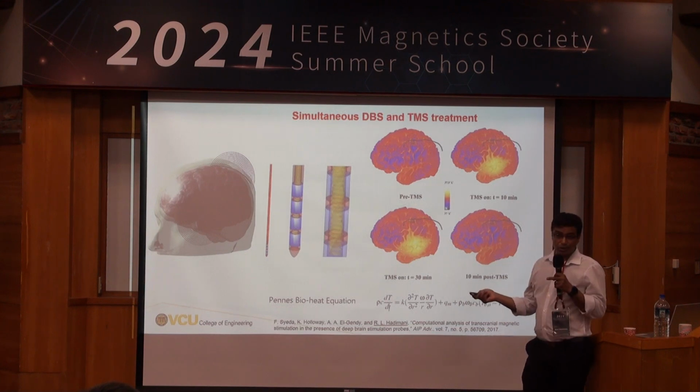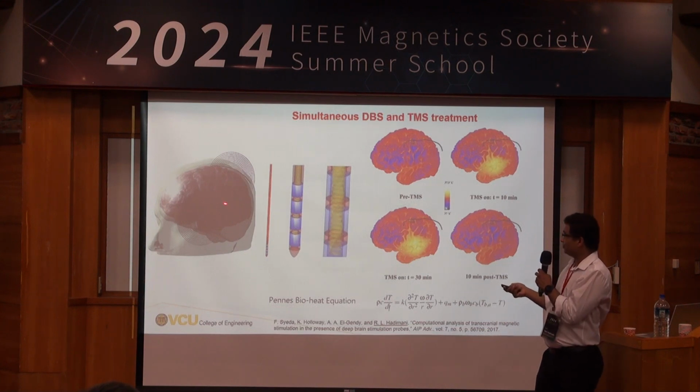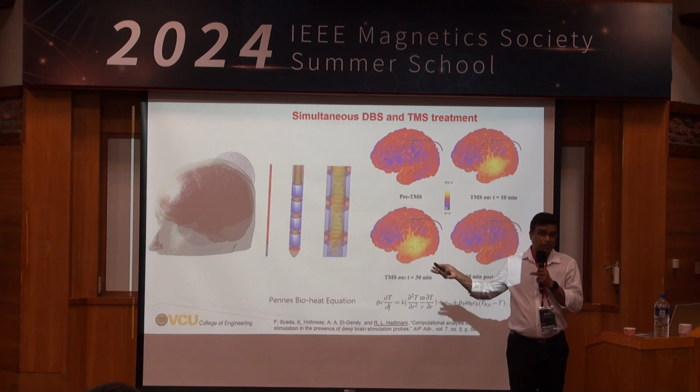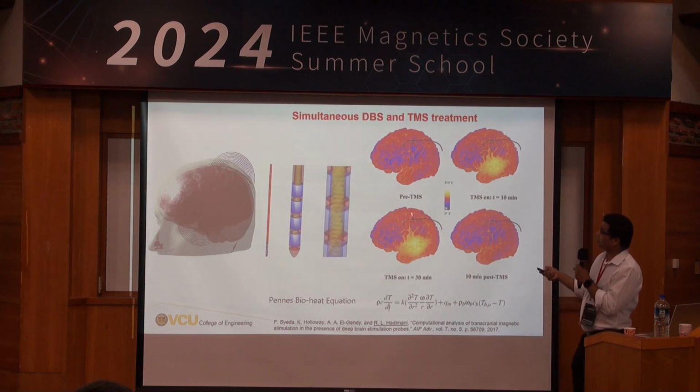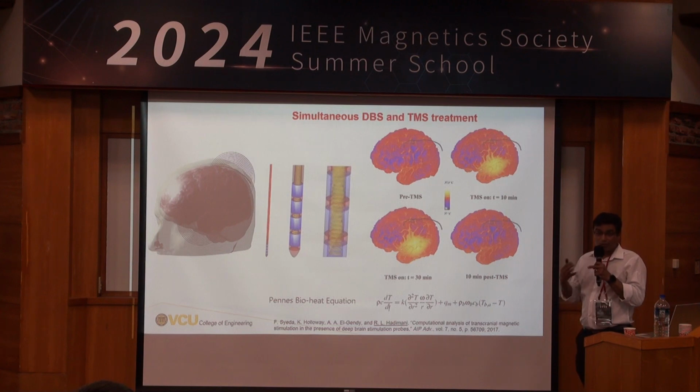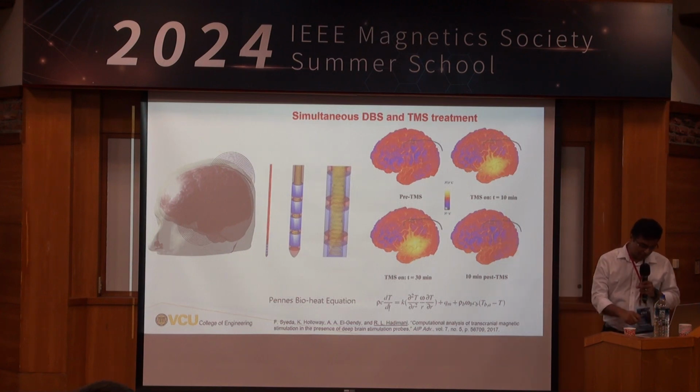We did the computational study first. So we applied TMS on the mouth motor area, and we looked at what are the induced currents on the lead as well as on the different areas of the brain. And also we looked at if there are any temperature changes or Lorentz forces due to AC fields.